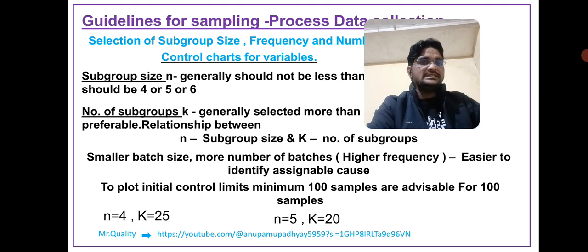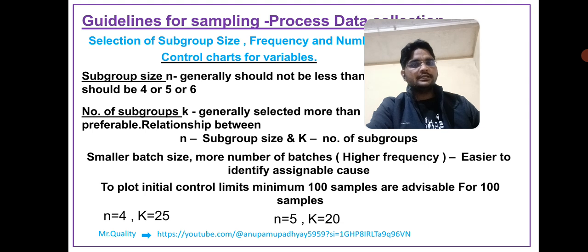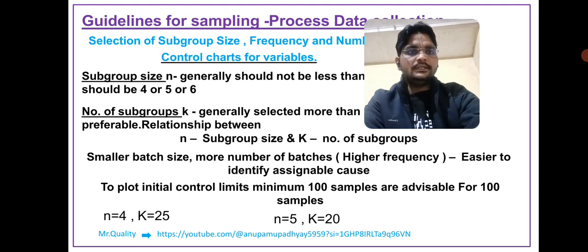To plot initial control limits, a minimum of 100 samples is advisable. For 100 samples, subgroup size n equal to 4 gives 25 subgroups, and if we take subgroup size 5, the number of subgroups will be 20 per 100 readings.